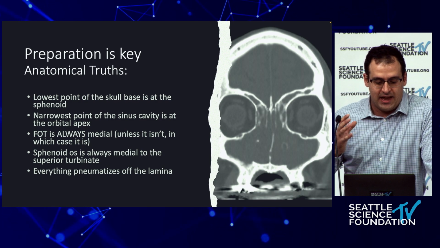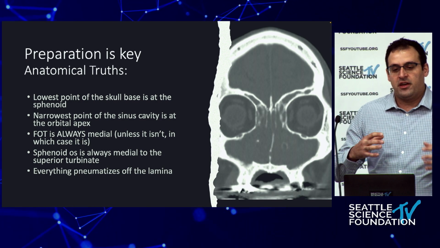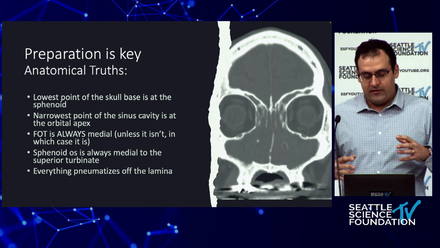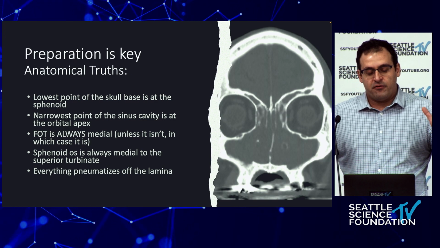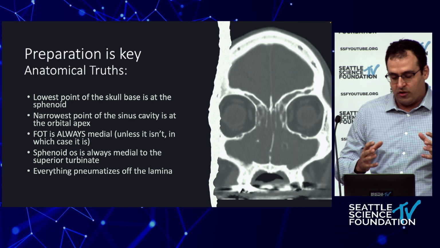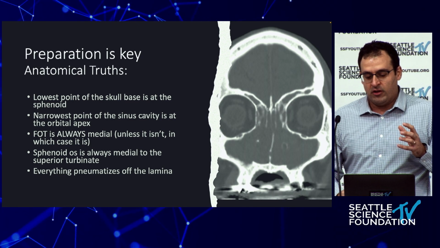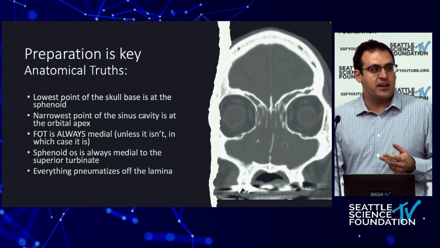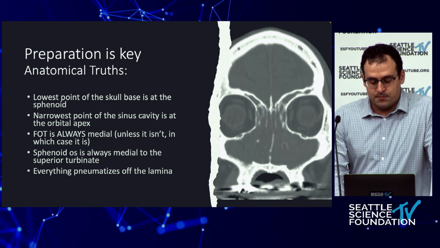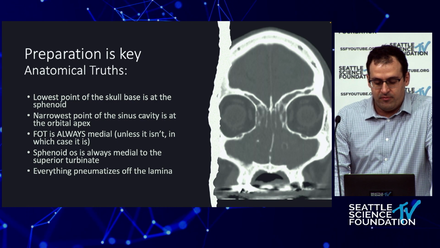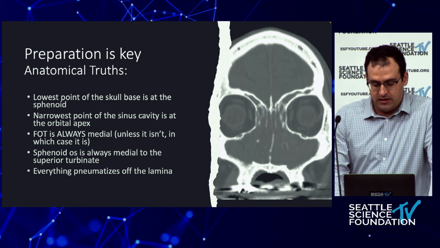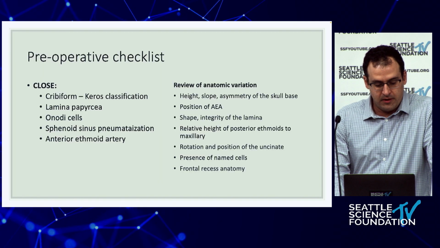With growth and development of the sinuses, everything is coming from lateral to medial, and that tells you where those bony connections are. That allows for effective, safe, and efficient removal of those partitions to allow for comprehensive and really nice surgery.